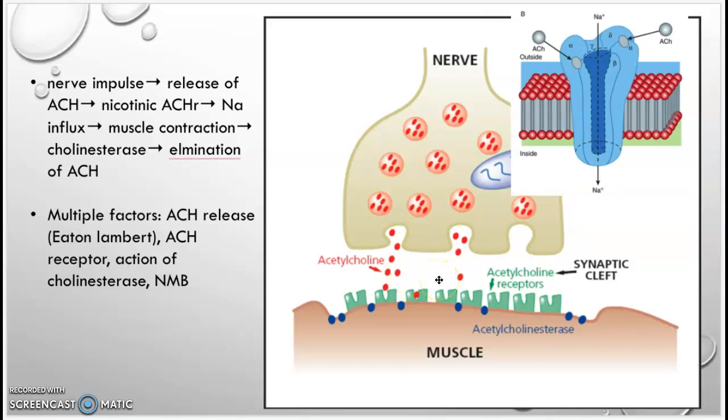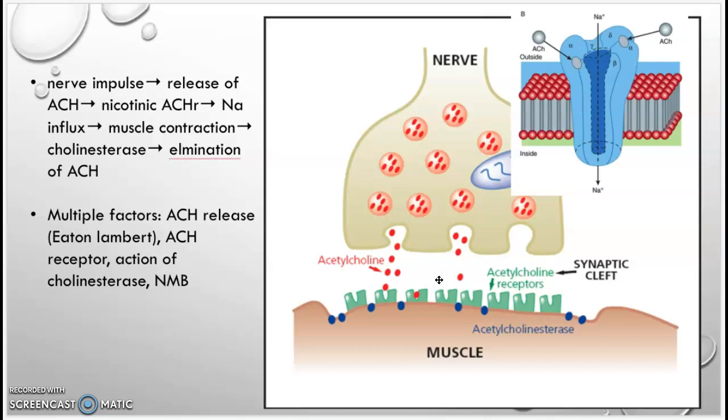Once acetylcholine is in the synaptic cleft, it binds to postsynaptic nicotinic acetylcholine receptors, and when it binds, sodium ions influx from the extracellular to the intracellular space, and that causes depolarization. After this, acetylcholine is quickly degraded by acetylcholinesterase.